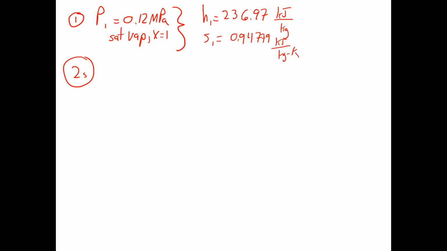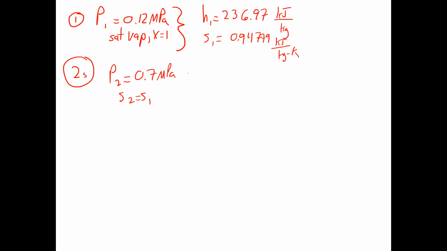Then we go to state 2, which is at the end of an isentropic process. The pressure at state 2 is 0.7 megapascals, and we set the entropy at state 2 equal to the entropy at state 1, and we can get the enthalpy at state 2 of 273.5 kilojoules per kilogram.